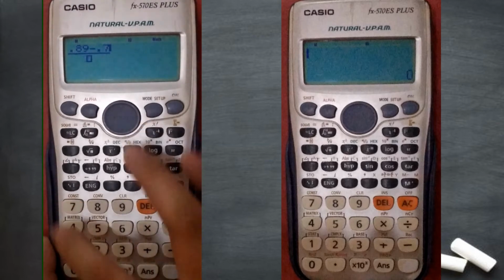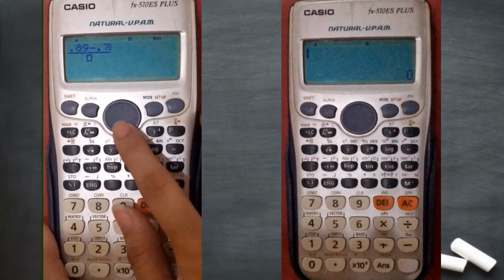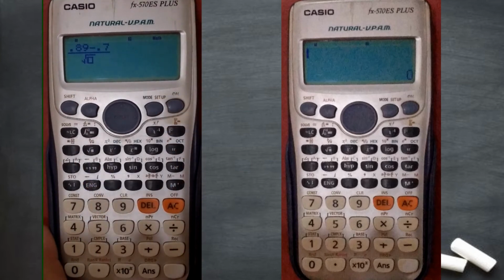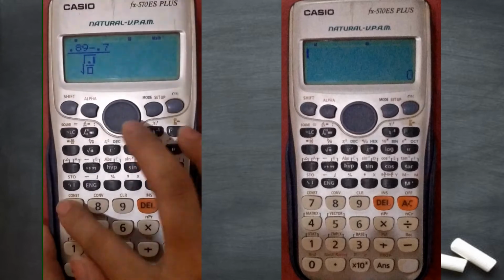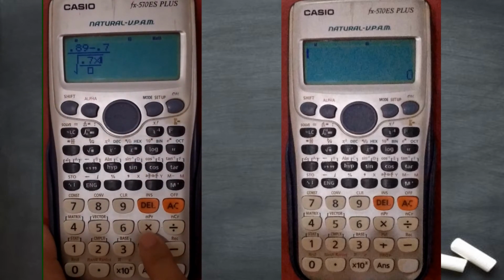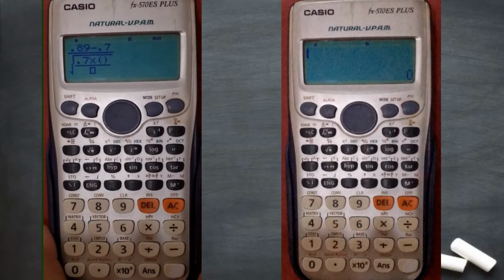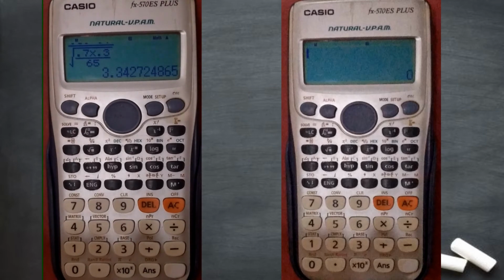Minus 0.70 or 0.7 and then bring down the cursor. Tapos you press yung square root symbol first and then the fraction sign and then you can use 0.7. You can use the multiplication symbol or you can also use the open and close parentheses. Pero I'll use the multiplication symbol, then 0.3 or 0.30, and then all over 65. Then you press equal sign, then that will be the answer.